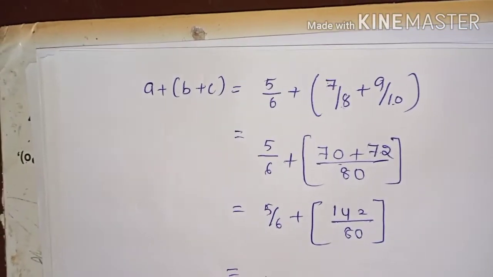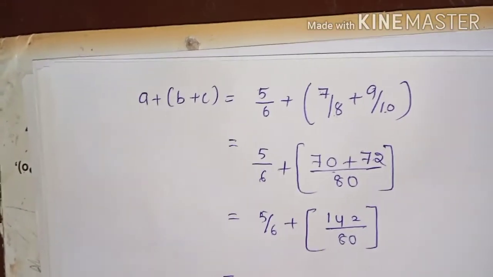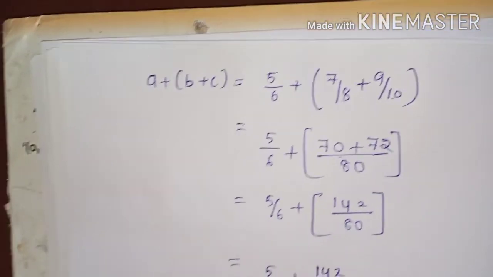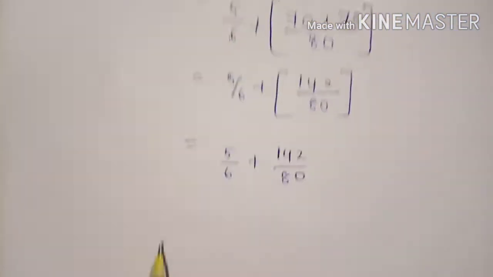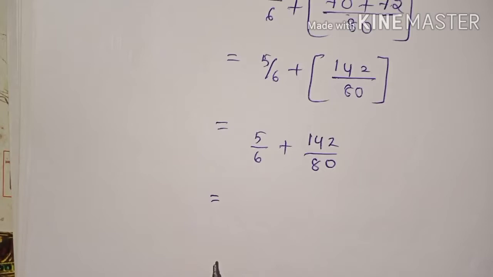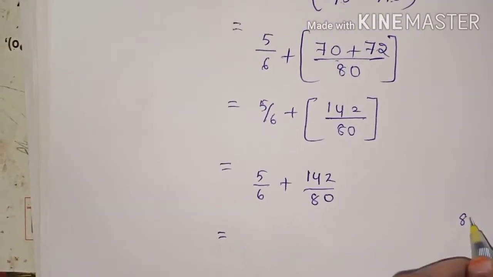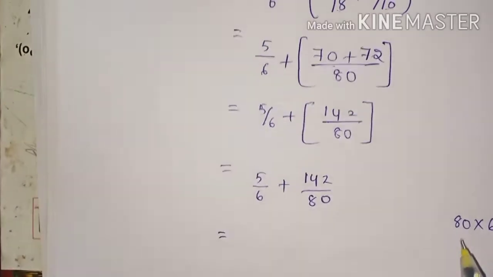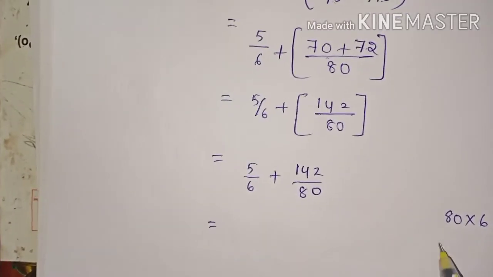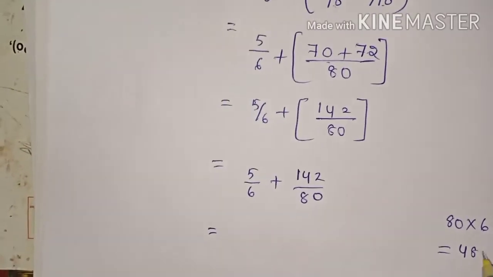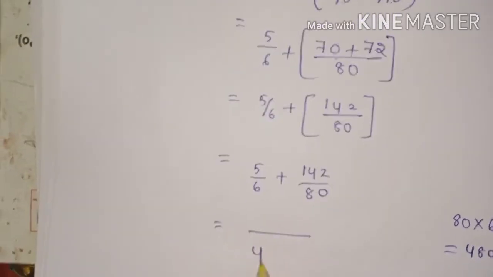That is equal to 5 by 6 plus 142 by 80. That is equal to 80 into 6, which is 480.